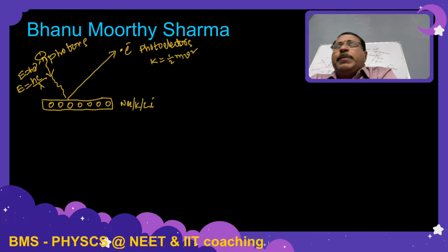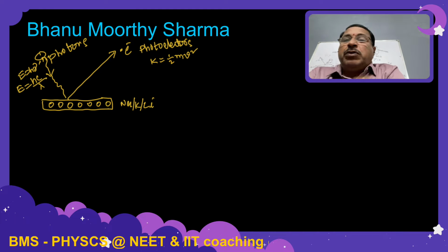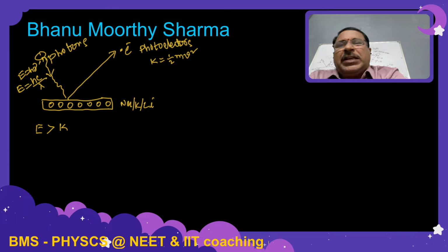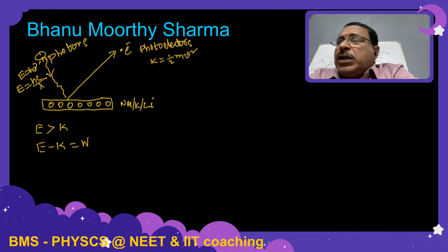Now, Einstein observed that the total incident energy is always greater than the kinetic energy of the emitted photoelectron. Based on this observation, Einstein framed one equation. Total energy minus kinetic energy of the emitted electron, energy can neither be created nor destroyed. This difference between the energies is in the form of the work function, W, the work function of the metal.